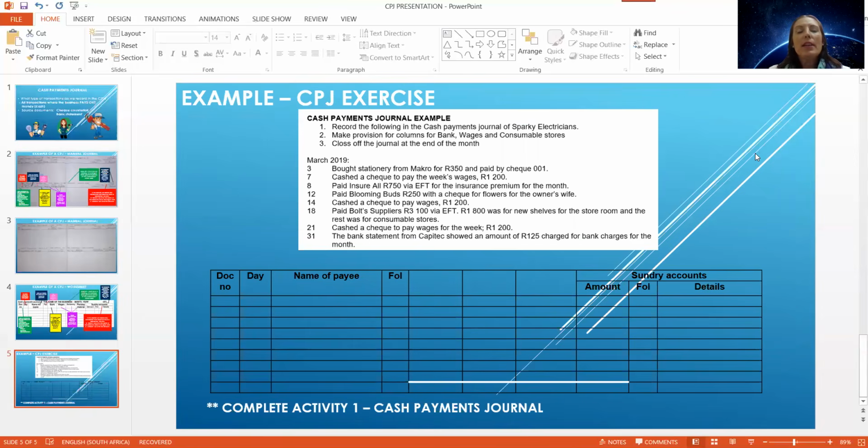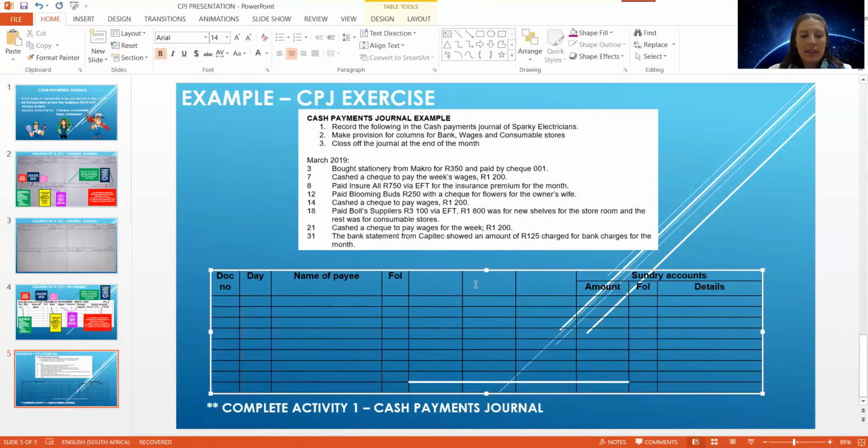An exercise that you will have to complete will typically look something like that. The cash payments journal example: record the following in the cash payments journal of Sparky Electricians, make provisions, and see, the exercise instructions tell you which columns to open. So columns for bank, wages, and consumable stores.